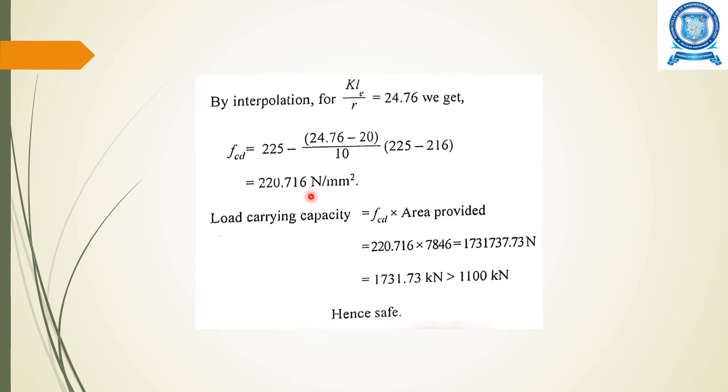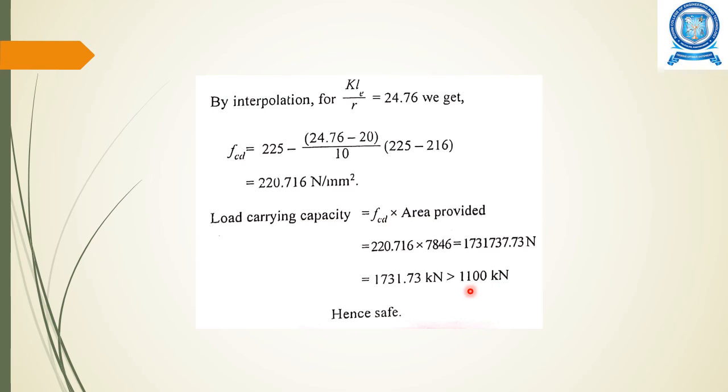So for the FCD value, firstly we assume one value, then we find the FCD value by assuming the buckling class. Finally we take the FCD value from the steel code provision. Then we find the load carrying capacity of the actual member. That value should be more than the load provided in the question.